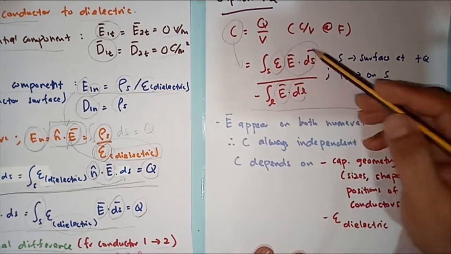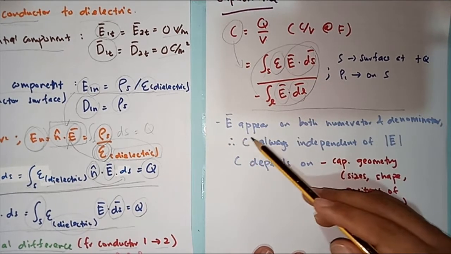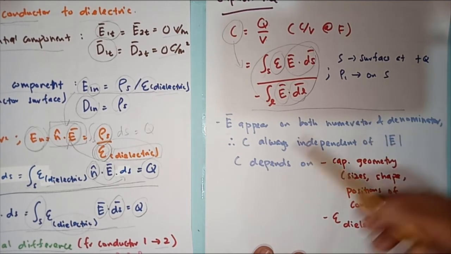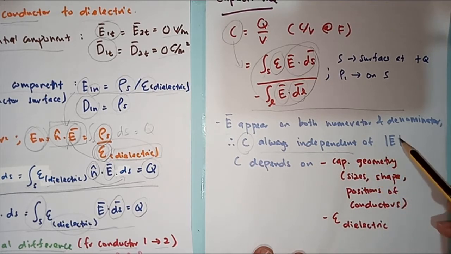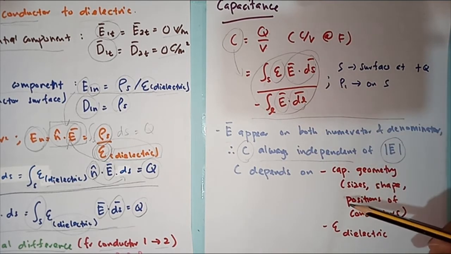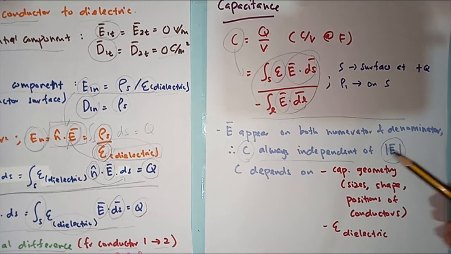As shown in this equation, the vector E appears in both the numerator and denominator. Therefore, the value of the capacitance is always independent of the magnitude of the electric field intensity, because when solving this equation, the magnitude of vector E is eliminated.